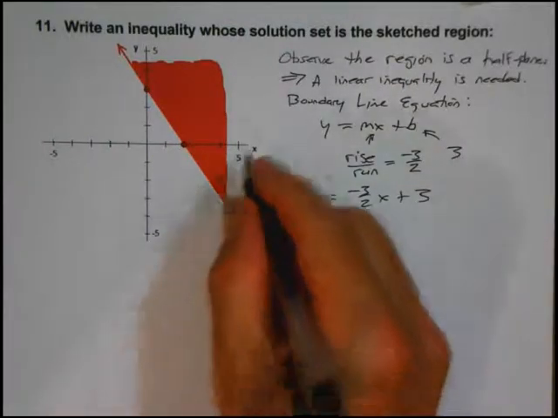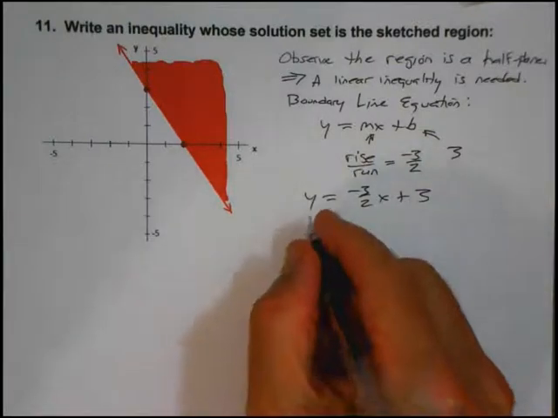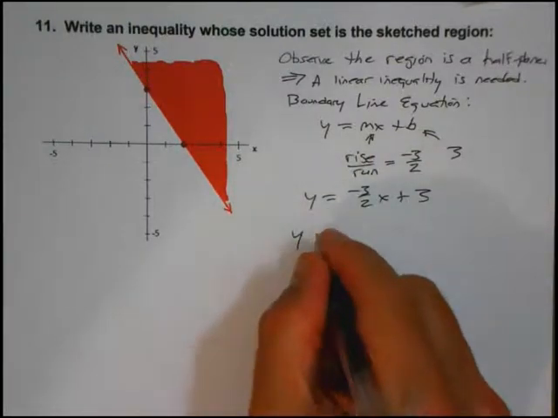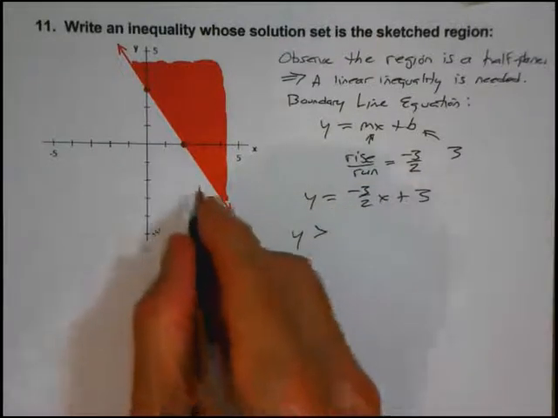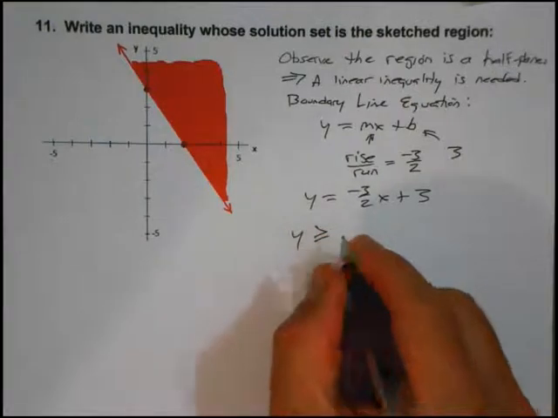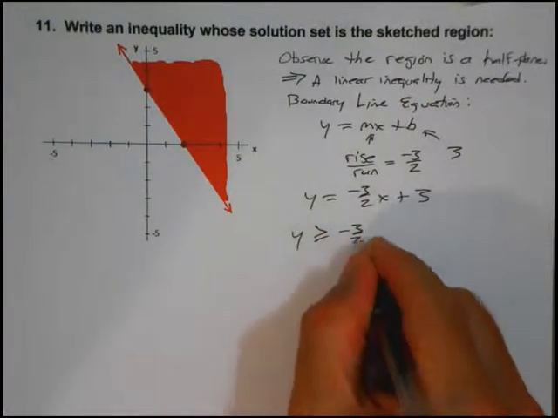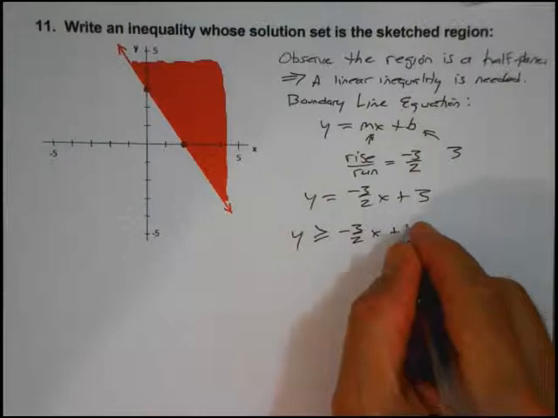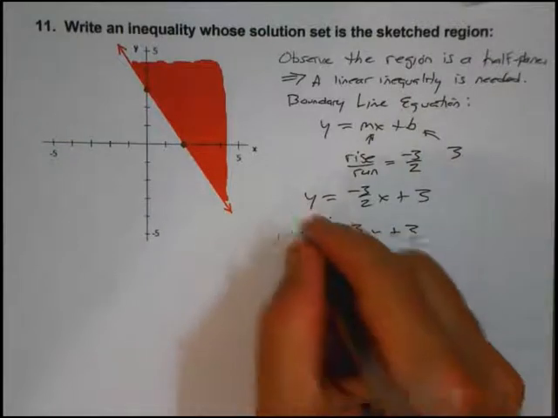Surely we want above the line, so we want the greater than. The boundary line, notice, is solid, so we'll need this to be greater than or equal to negative 3/2 x plus 3.